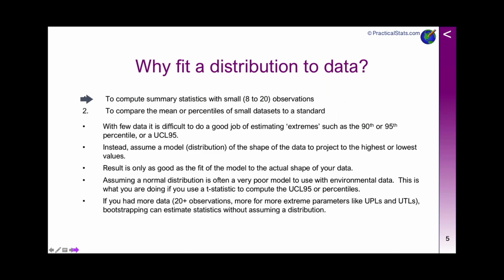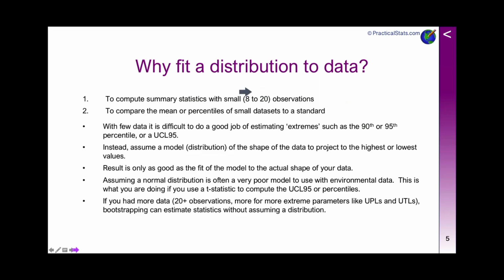One of the difficult things is that when you're trying to estimate extremes, like the highest values, something like upper percentiles, the 90th percentile or the 95th percentile, and you don't have very many observations, that's difficult to do. But you can model your data set with a distribution. And so if you're interested in a percentile like that, or maybe the UCL 95, an upper confidence limit on where the mean out in the real world might be, then with small numbers of observations, that's difficult.